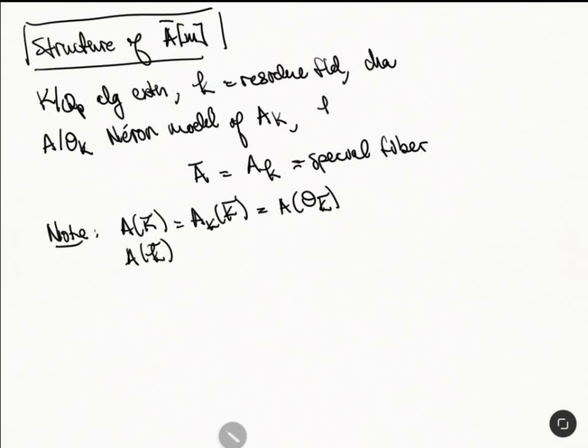The characteristic of this is p. So this is the Néron model, this is the special fiber, and this is A bar of k bar. This is via the Néron mapping property, and I guess these are technically isomorphisms.